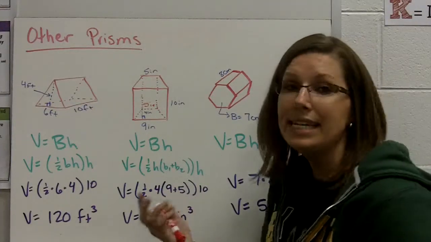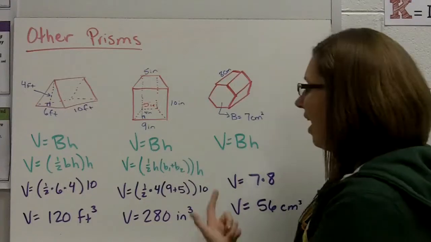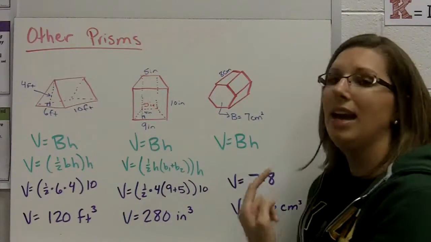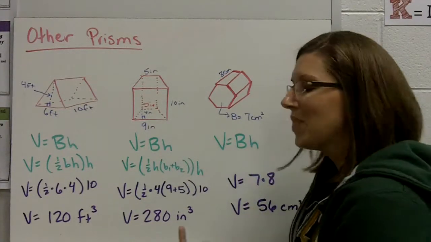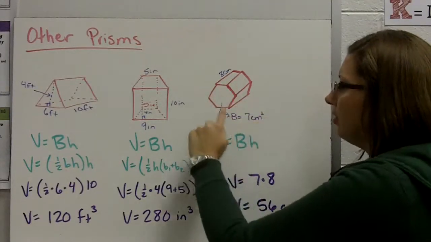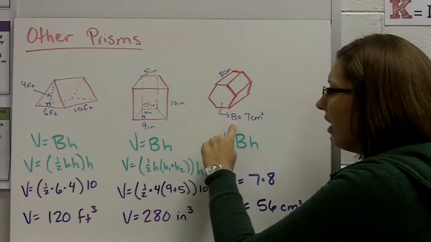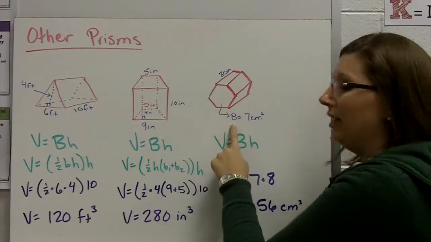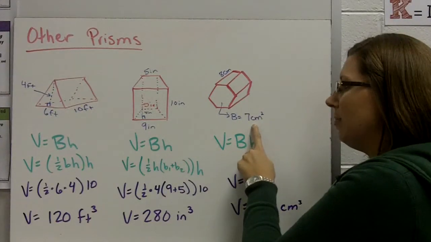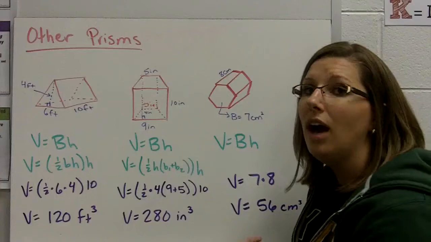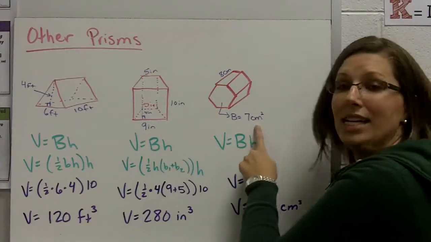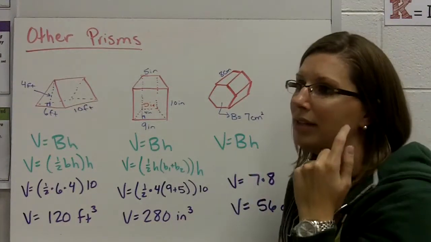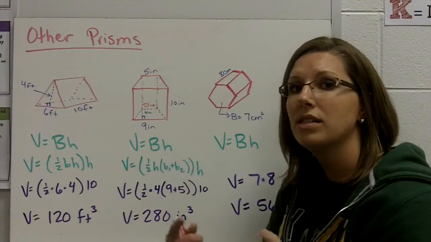Well, guess what? In this case, and in most cases, they will already give you the area of the base. So what this picture is telling us is, hey, the area of the base is already calculated. It's going to be 7 square centimeters. You can tell it's the area of the base because it already has units squared. If we think back, area is units squared.